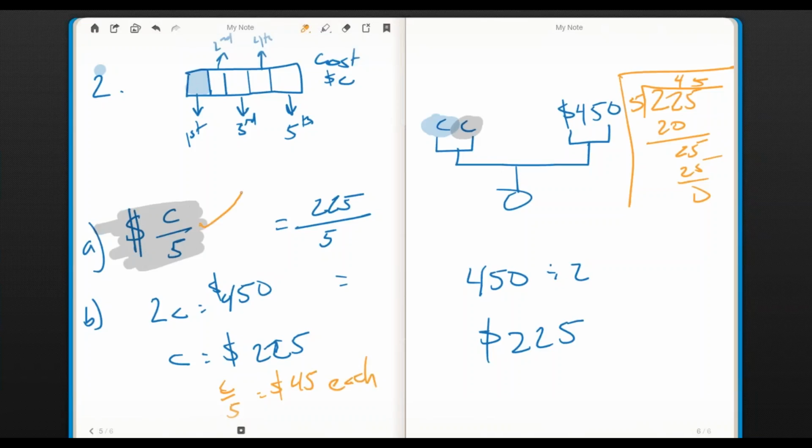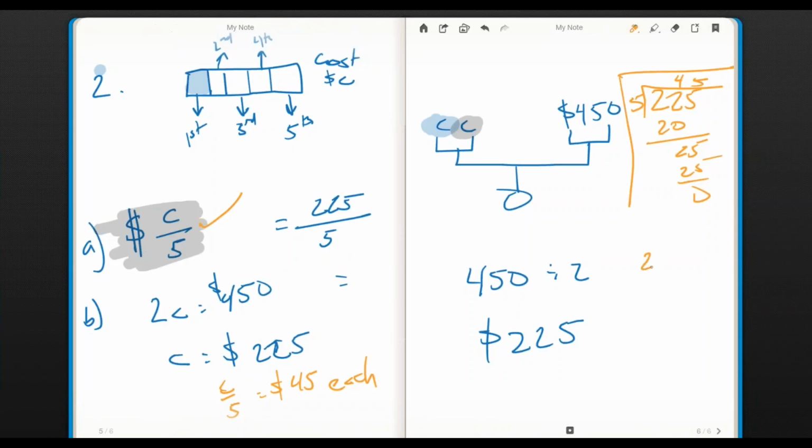We said in A that C over 5 is the amount that each person had to fund, and then on part B, if 2C is 450, then I can figure out what C over 5 is by doing that two-step problem.